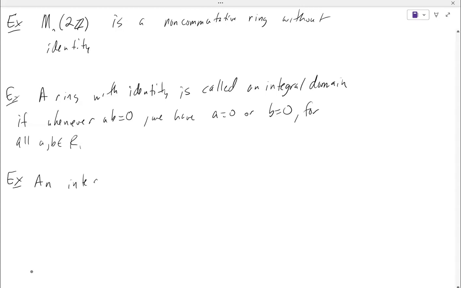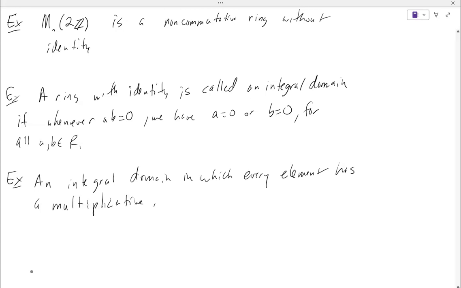And an integral domain in which every element has a multiplicative inverse is called a field.